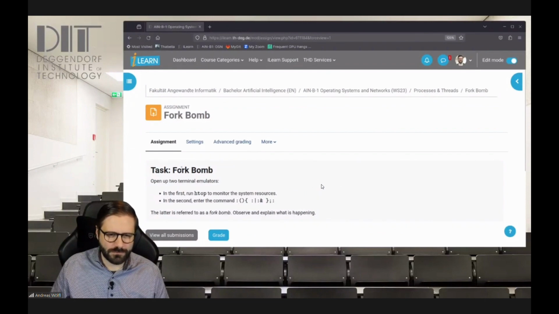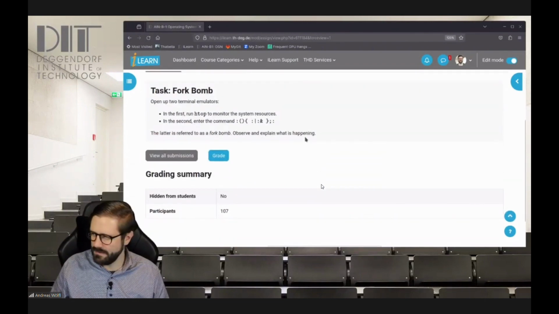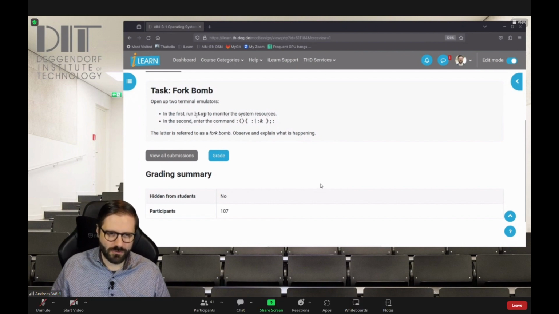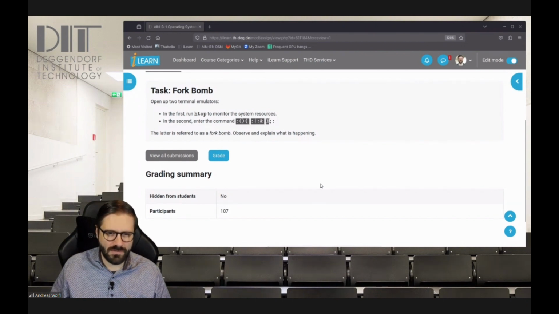So what I want you to do is to open up your terminal of your Ubuntu virtual machine, run two terminals. The htop terminal where you execute htop, so to monitor the system resources. And in the second terminal, you enter this sequence that is shown here.